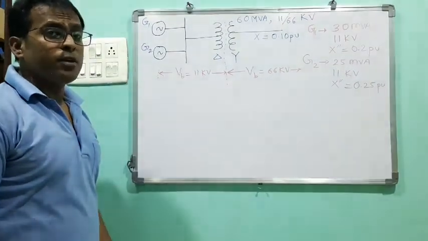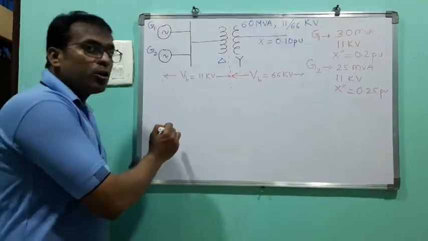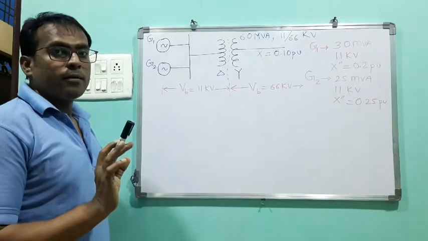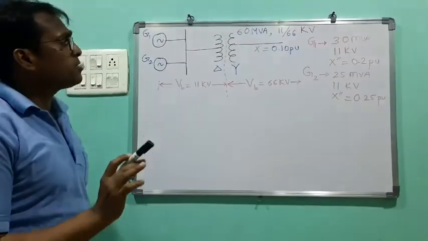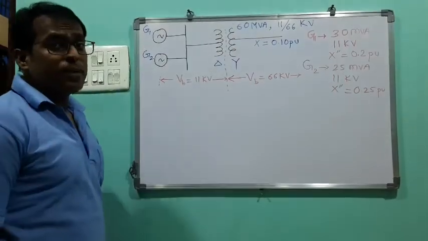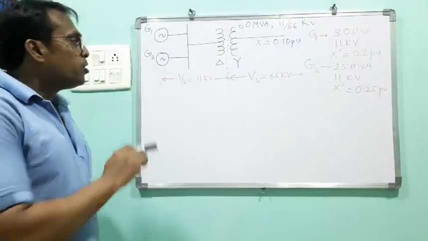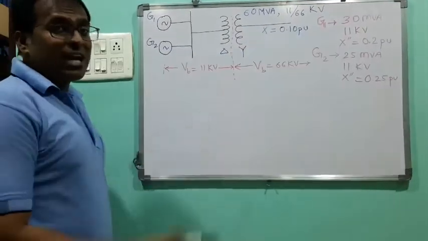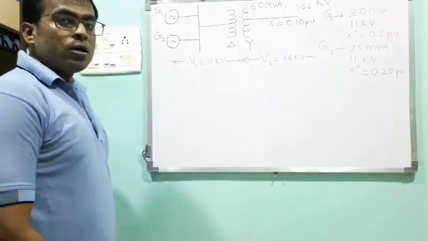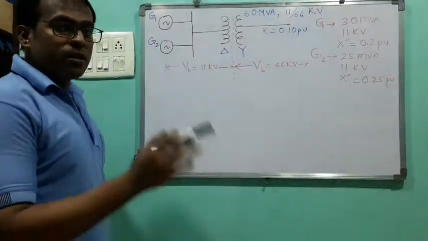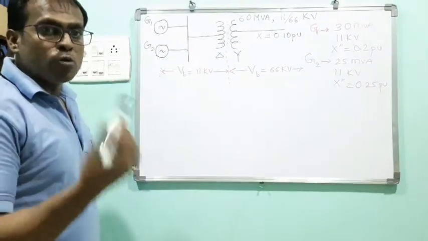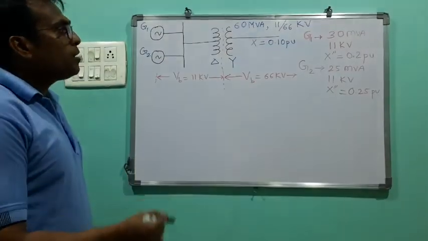Talking about the MVA base, in this particular numerical, the MVA base is given, so you have to consider that only. Otherwise, you have to take the larger rating as a base, or a round number like 10, 100, 1000. But in this numerical, the base is given.